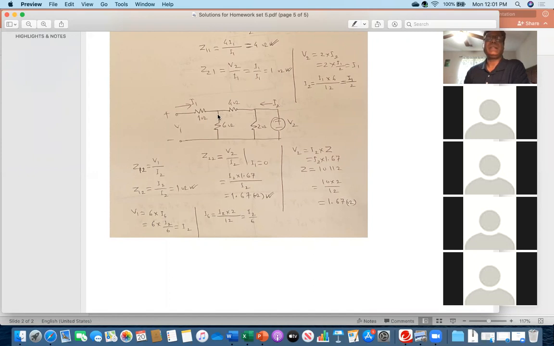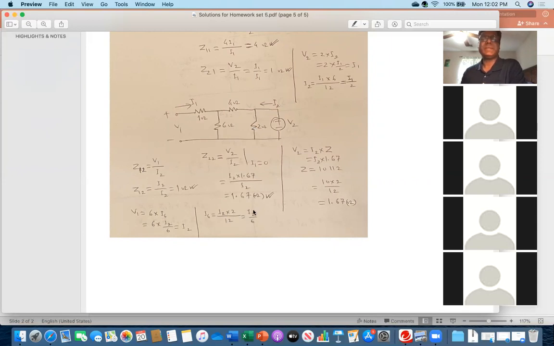So you have to find out how much current is flowing through the 6 ohm. This means I2 current is entering at this node and it is going this way and this way. So you have to apply the current divider rule. So I have written here I6, total current multiplied by this impedance and divided by this plus this. So 6 plus 4, 10 plus 2, 12.